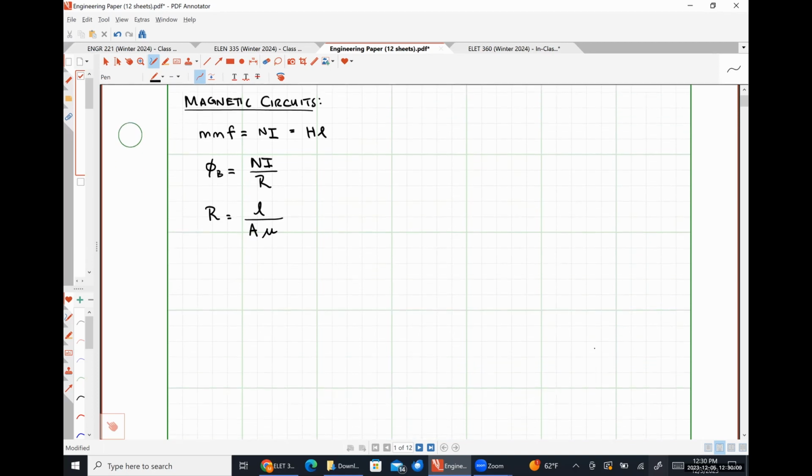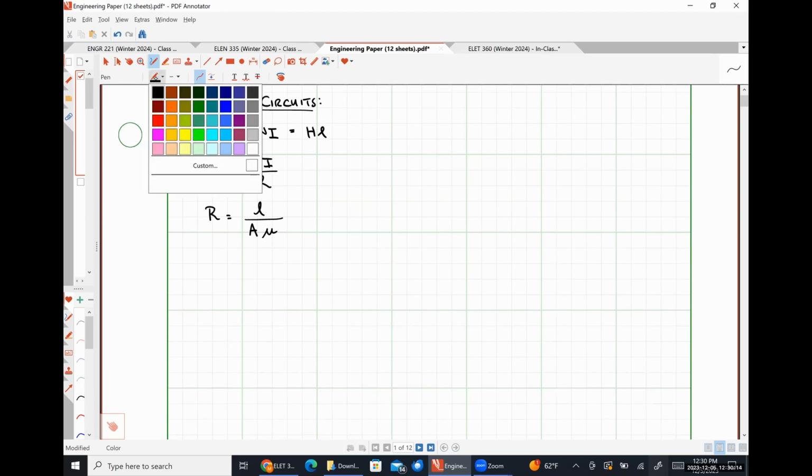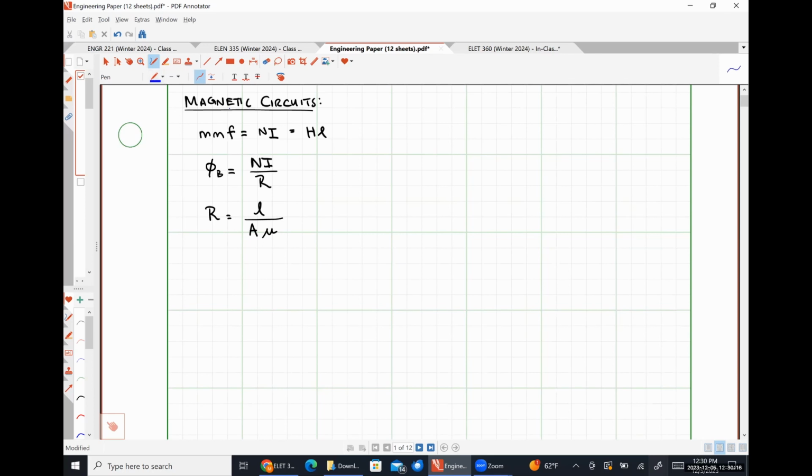All right. So I'm going to draw a structure here. I think I used blue for our core earlier, so that's what I'm going to use here as well.